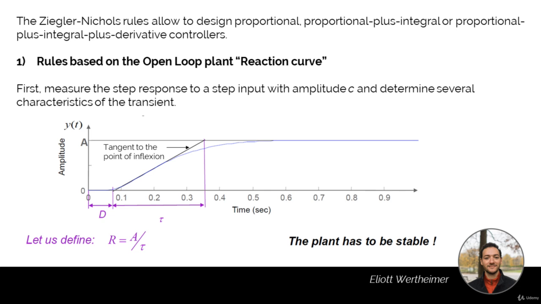It is very important to note as well that the plant has to be stable. Otherwise, you will never be able to measure these values. These values only work in the case of a stable response.